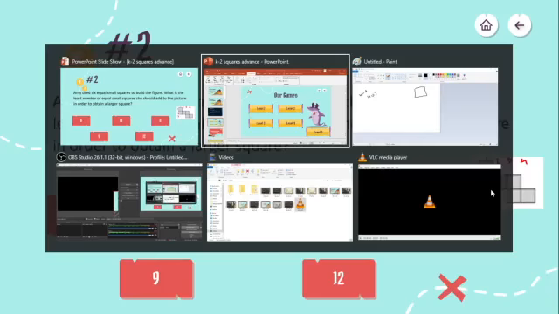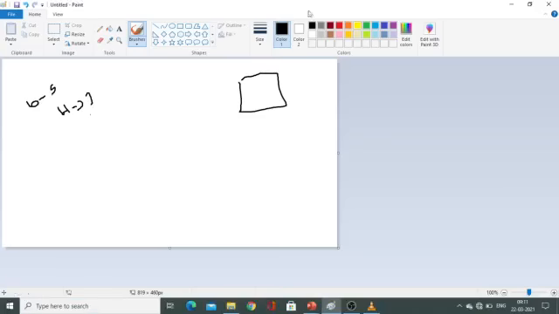Okay, we have 3 rows, 4 columns. Okay, we have 4 columns and 3 rows. You all know a square is equal in all sides, like 4 cross 4, 3 cross 3, that is 3 rows and 3 columns. Okay, so which is the highest in number? That is the column.